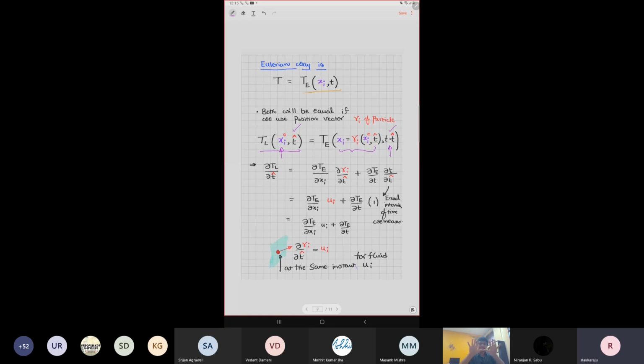This is what we call consistency in these fields. The Lagrangian particle information and the Eulerian field are consistent because you are observing the same information.